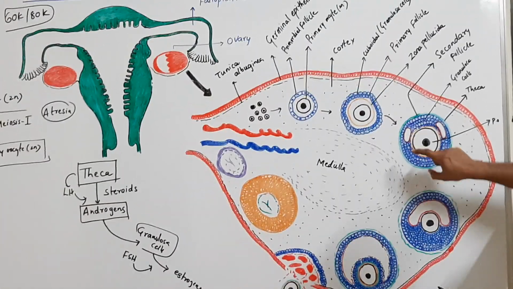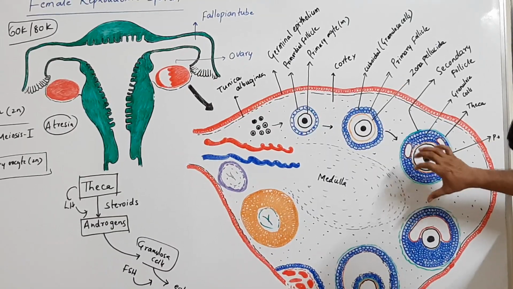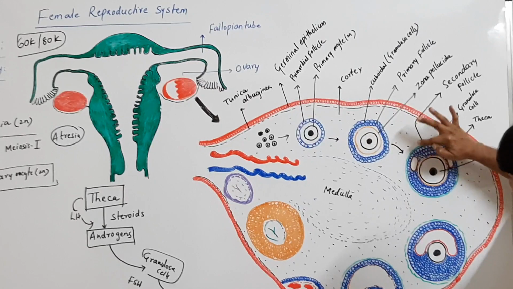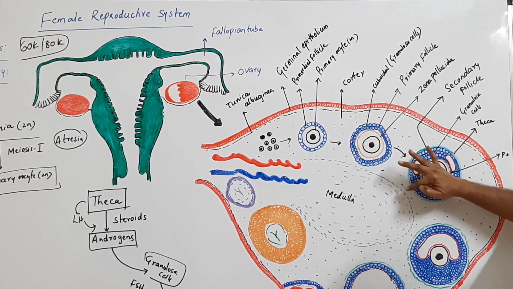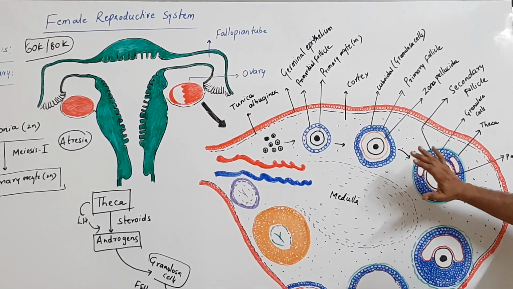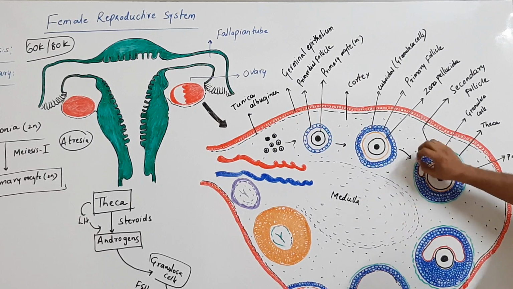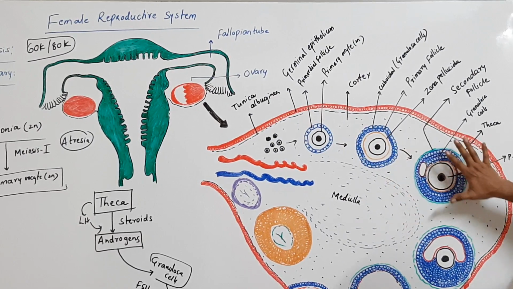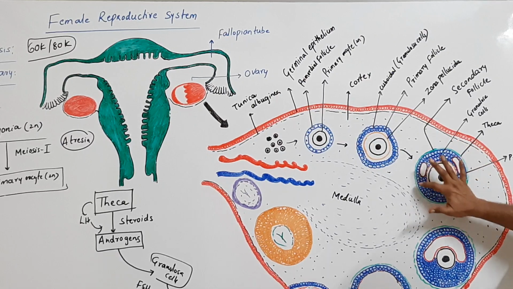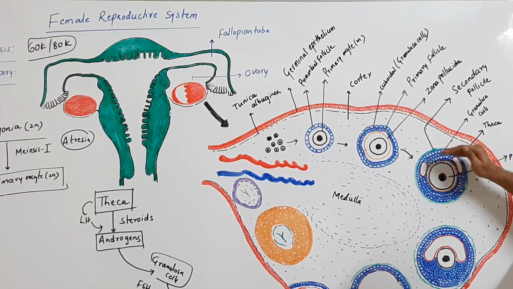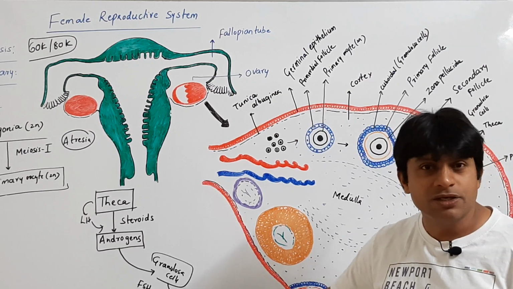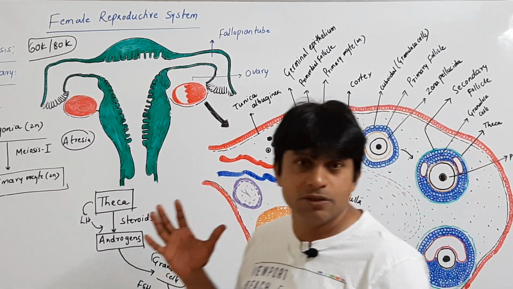Later on, the theca will keep on dividing and becomes an outermost layer and an inner layer. The outermost layer is called theca externa, and in the later stages it gets merged with the fibrous tissues of the cortex, whereas theca interna, which is in close connection with the granulosa cells, remains and secretes the hormone estrogens.